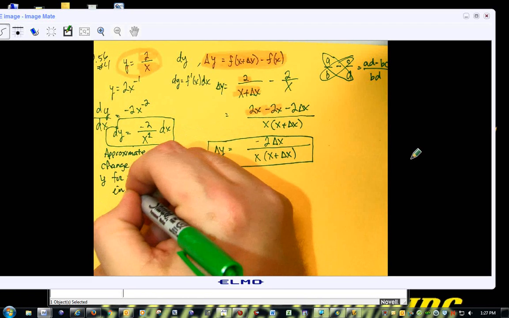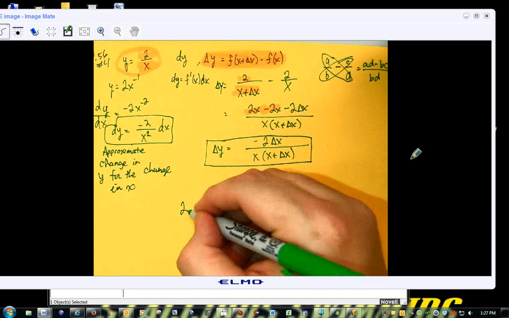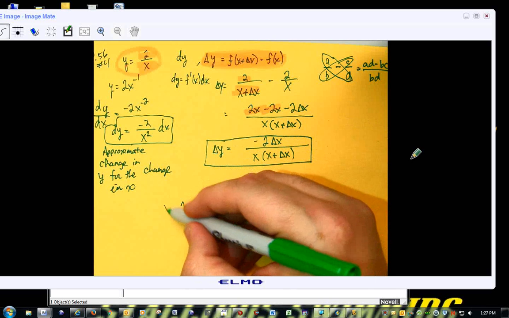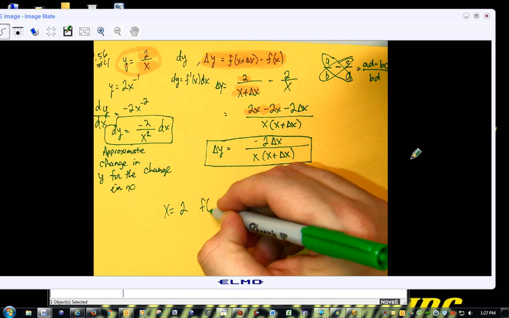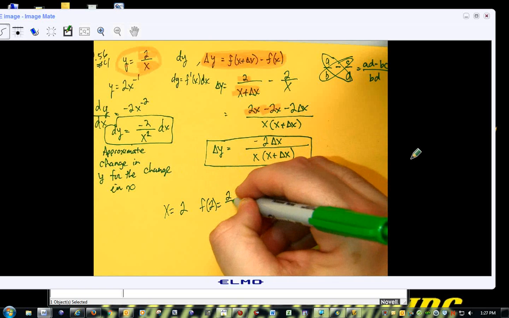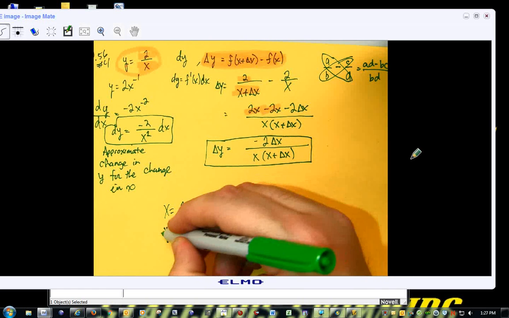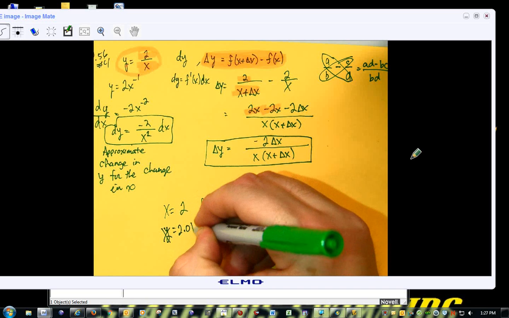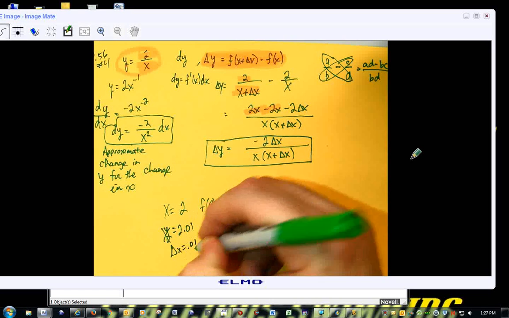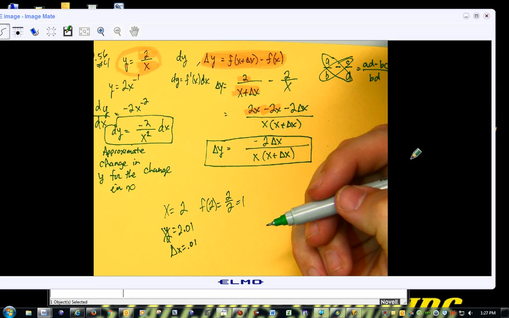So if we're looking at an x value, say x equals 2, what's f of 2 in this case? 2 over 2, which is 1. Now, if we're looking at x equals 2.01, my change in x is equal to 0.01, correct? Because I moved x just a little bit over.